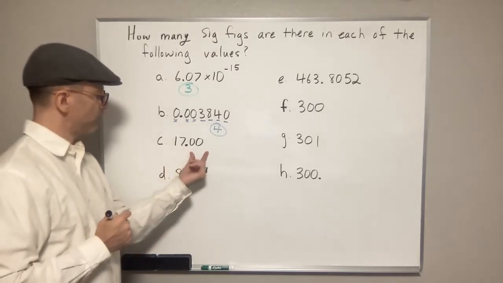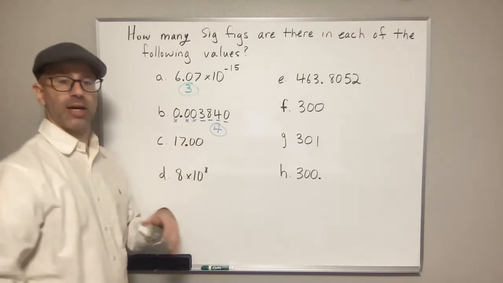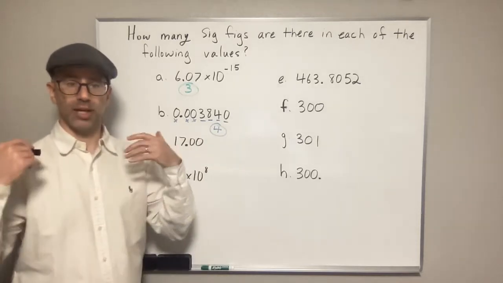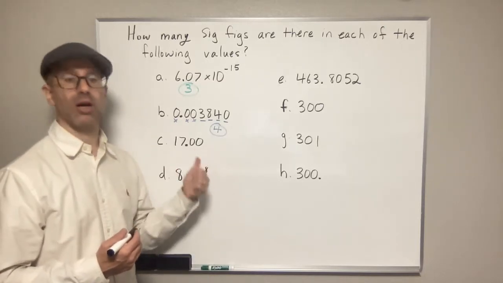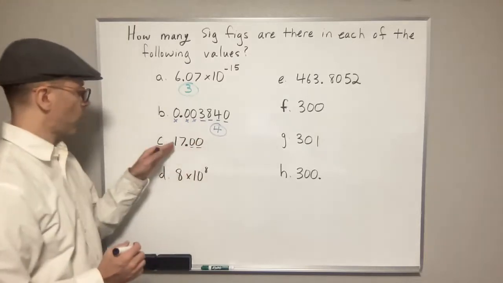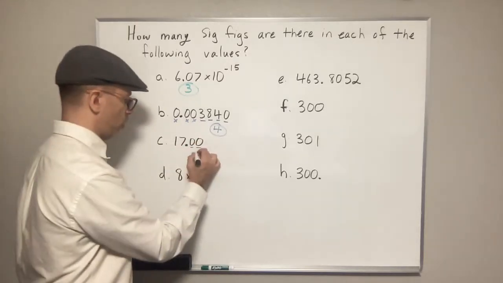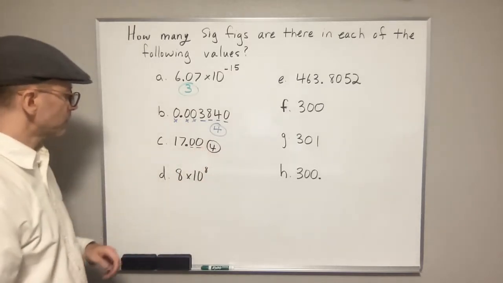So here we have 2 trailing zeros. We have a decimal point. And what is the rule? If you have a decimal point, those trailing zeros at the end of your number are significant. So these are significant. And so here we have 4 sig figs.